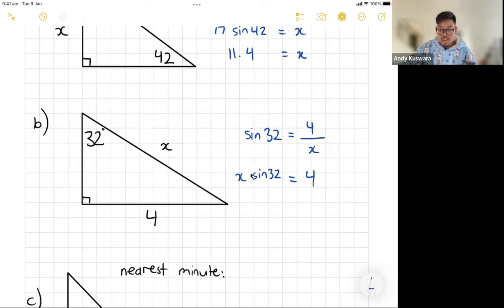Now to get the x by itself, I now need to divide both sides by sine 32. So that gives me x equals 4 over sine 32. And writing that down should give you your answer, which is to 1 decimal place, 7.5. Okay, please round properly.